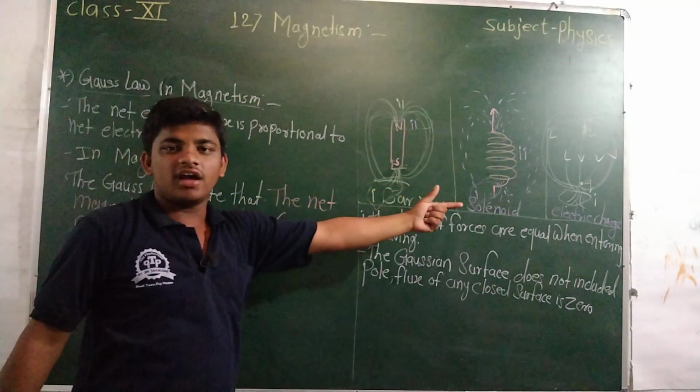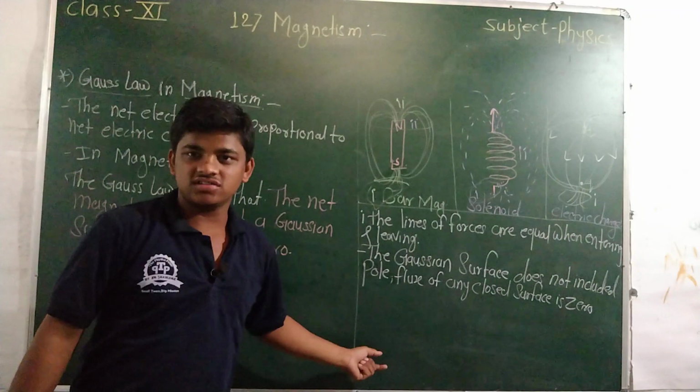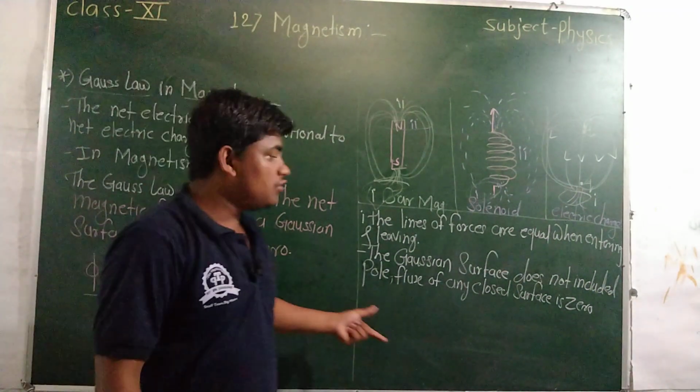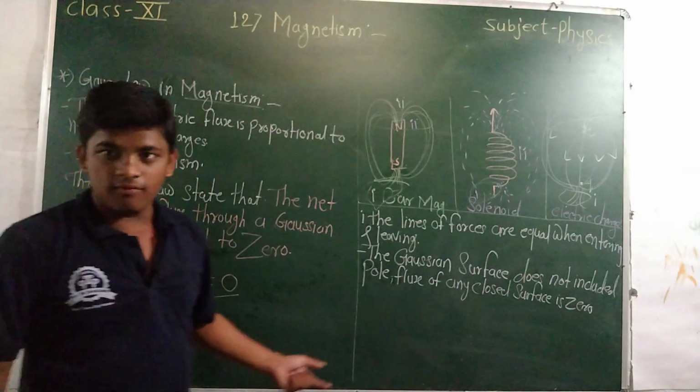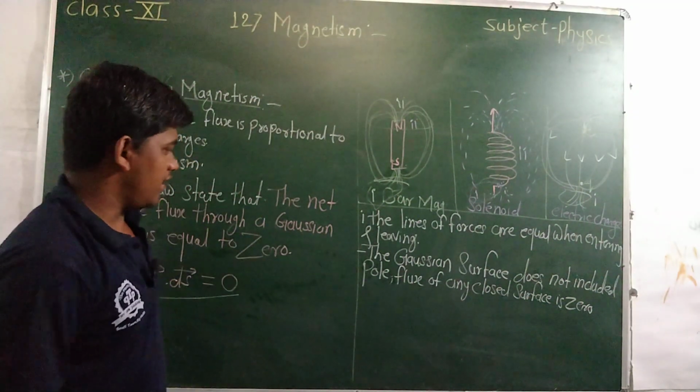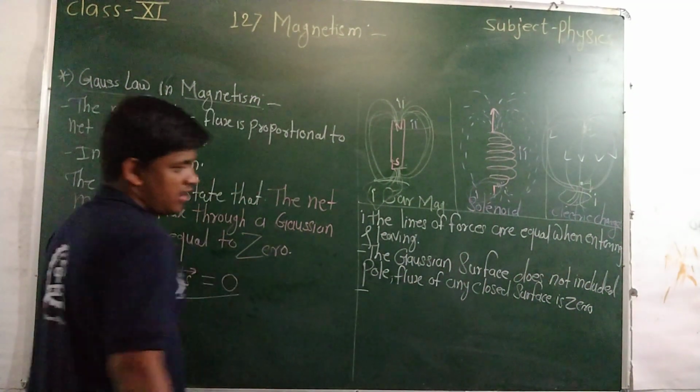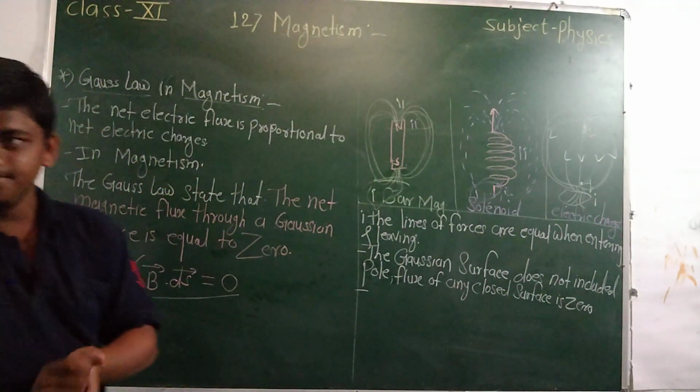We draw 3 different diagrams, give some explanations, and use 2 equations, one for the electric flux and another for the magnetic flux. That finishes it, and it gives nearly 4 to 5 marks.